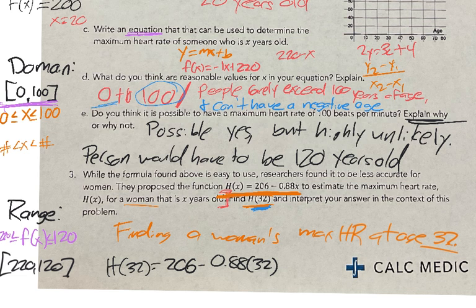So it'd be 8, 16, 24, 24, and 1.6 is 25.6, and that would be 180.4. Somebody double checking me?